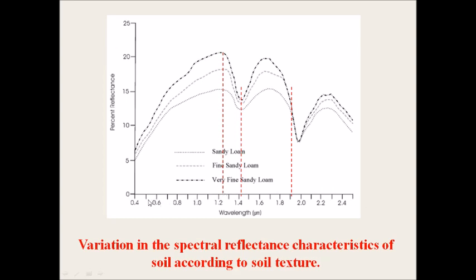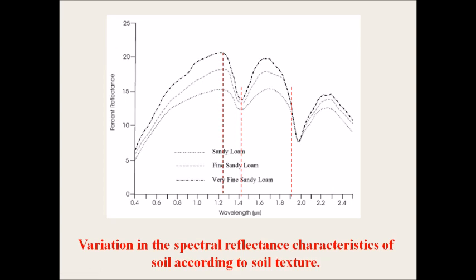Say in the visible part, the reflectance is around 10%. As they come to around 1.25 micrometer wavelength, when the 1.25 micrometer wavelength interacts with these types of soil, it shows the peak reflectance.